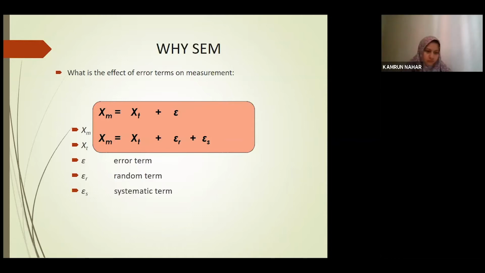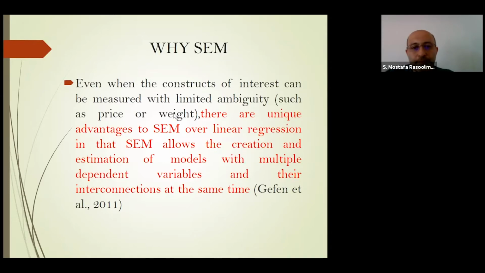But when we use the average of these three items to calculate the latent variable score, we ignore these error terms, right? So using first generation for a latent variable, we skip and ignore this error term.